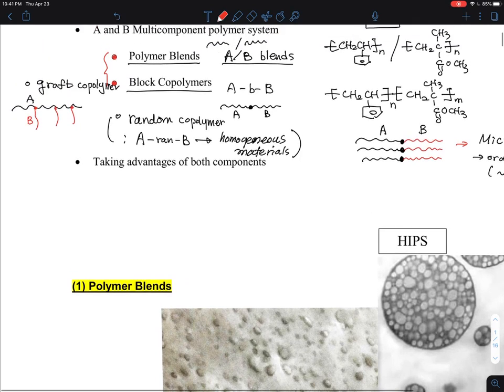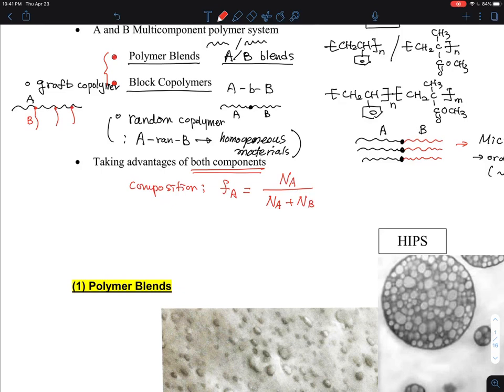Okay. So the idea is, can you take advantage of both components at the same time to develop new properties? And obviously the composition, which we call fA, the fractional composition, and this is essentially molecular weight, Na plus Nb.